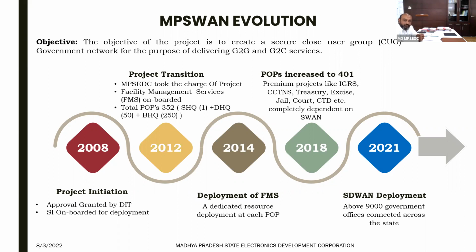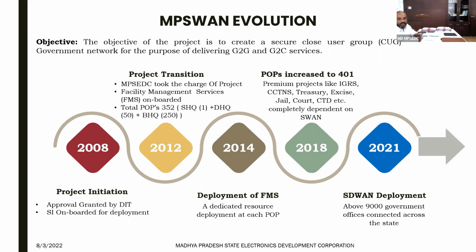Besides that, most of the premium projects, like IGRS, the CCTNS project, which is again a project of the Government of India, the entire Treasury of the Madhya Pradesh government, the Excise Department, Jails and Courts, and the Commercial Tax Department, are completely dependent on SWAN. That is what the guidelines of the government say, that these projects have to use only the SWAN network. So that is where we were in 2018.